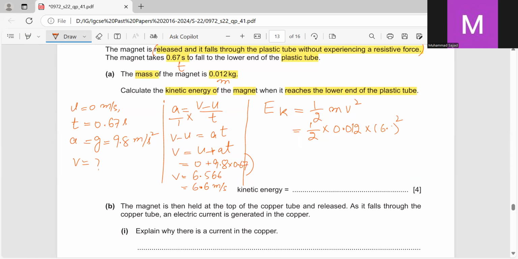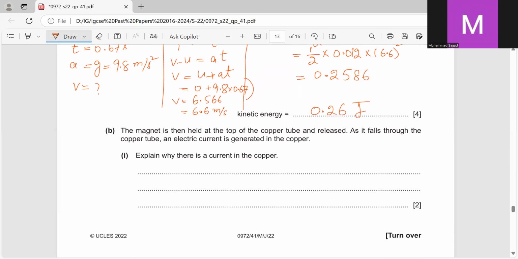So just place this value 6.6 here. And as we simplify, 6.6 squared times 0.012 times 1 over 2, the answer is 0.2586. So not this much, four significant figures. I will simply round it off to 0.26, and energy should be in joules.